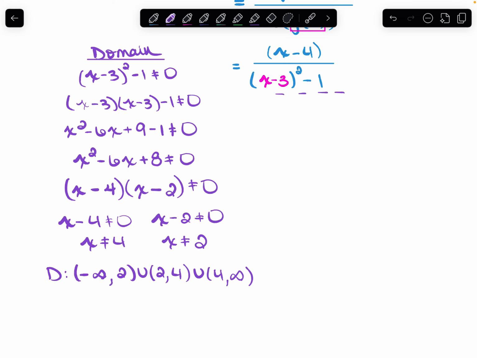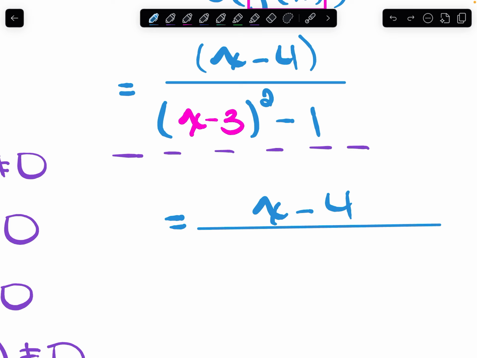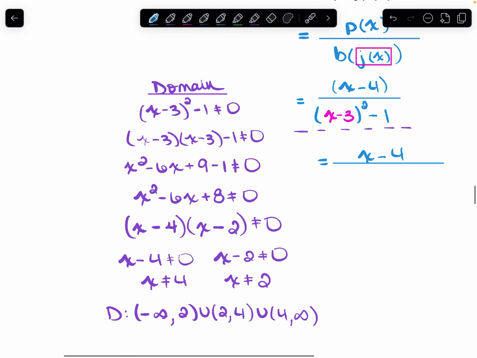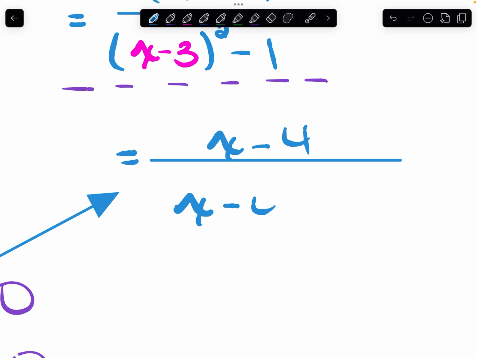If you do have to simplify the function, the nice thing is the work we just did for the domain is going to be that simplified denominator. So our function is the x minus 4 over, I can just go get the factored form of our denominator rather than repeating all of this algebra twice. Just pull the factored form over here, x minus 4 times x minus 2.